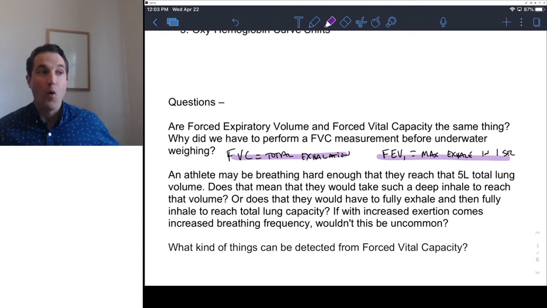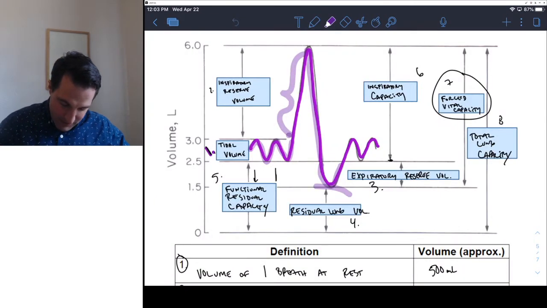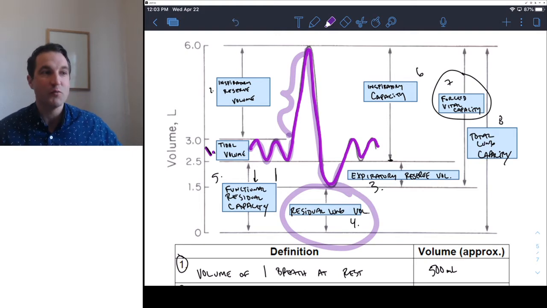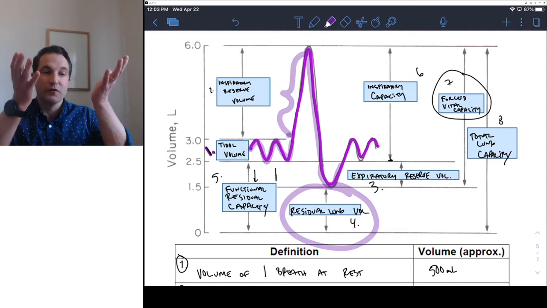The last question, why did we have to perform this before we did our underwater weighing? Well, that has to do with an algorithm. Remember, once again, if we go back to the last assignment, if we're thinking about residual lung volume, we have to take people's residual lung volume into account when we put you underwater. Because the larger that volume is when you're underwater, the more you're going to float.